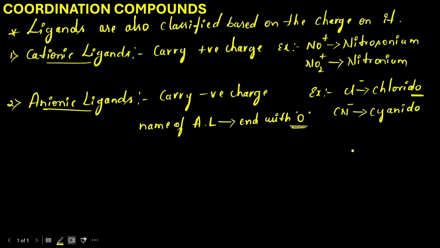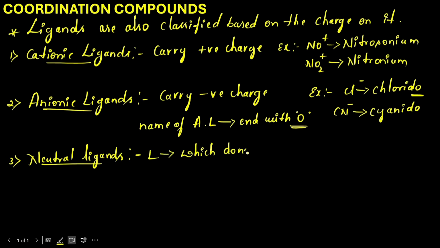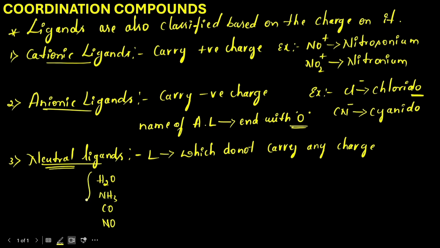Okay, the next type of ligand is neutral ligands. These are the ligands which do not carry any charge, for example H2O, NH3, CO, and NO. In the majority of cases, neutral ligands are named the same as the name of the element, but there are some exceptions.